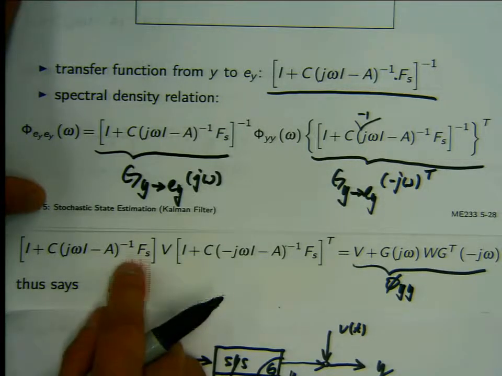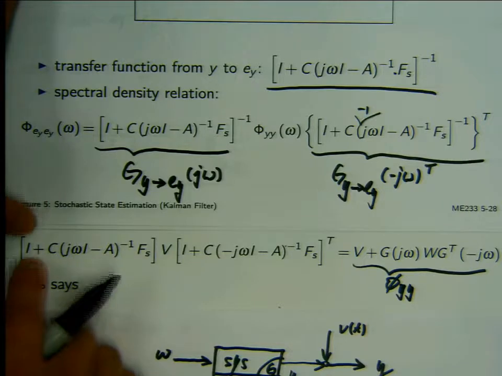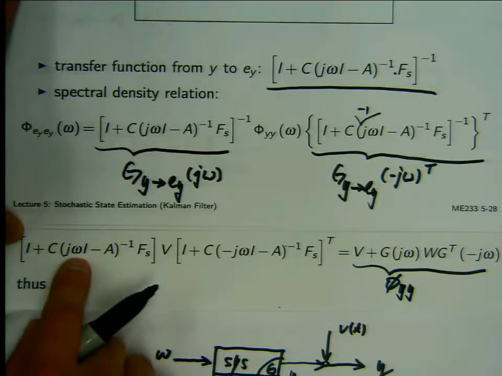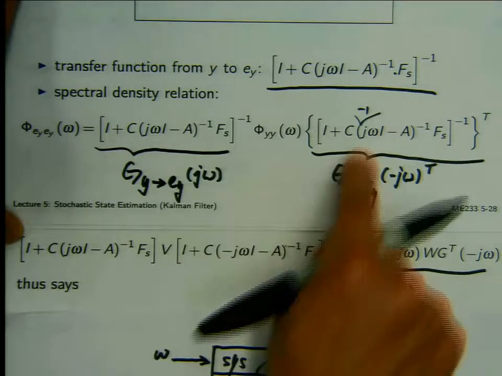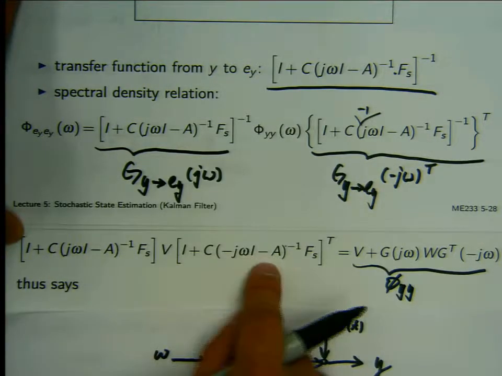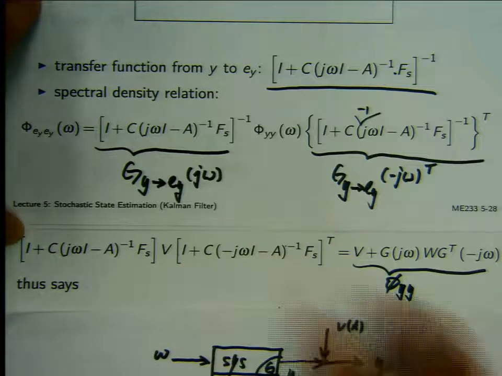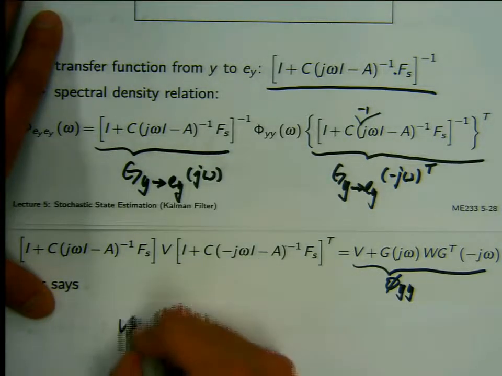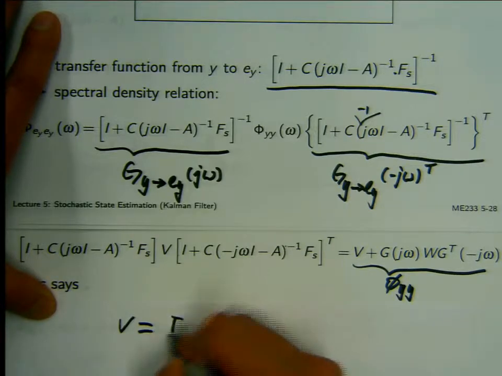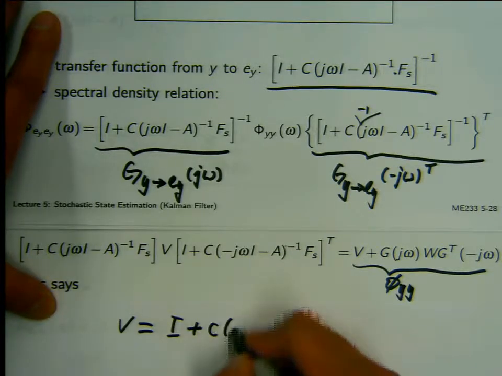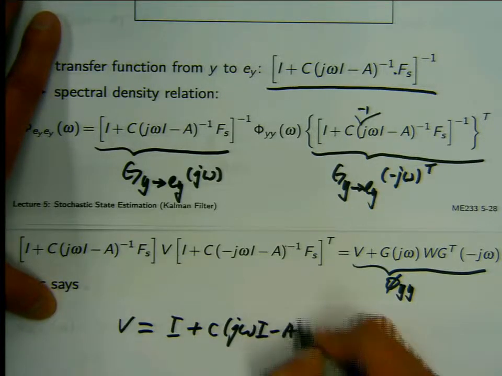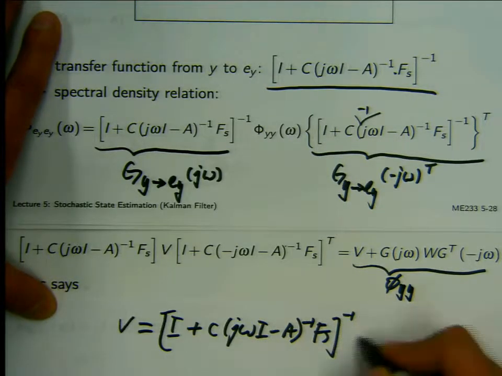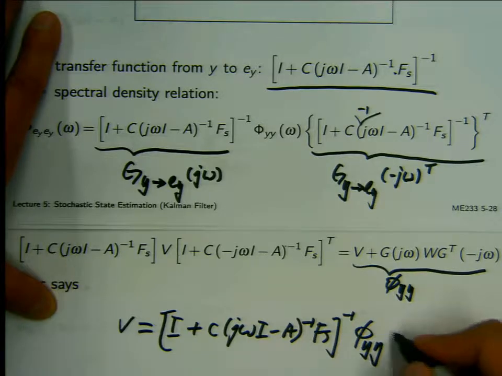If I multiply the inverse of this matrix on the left-hand side, and then multiply the inverse matrix of this guy on the right-hand side, I'm going to get exactly V equals I plus C(jωI minus A) inverse Fs inverse phi yy.